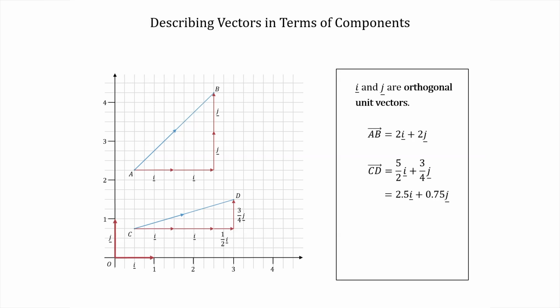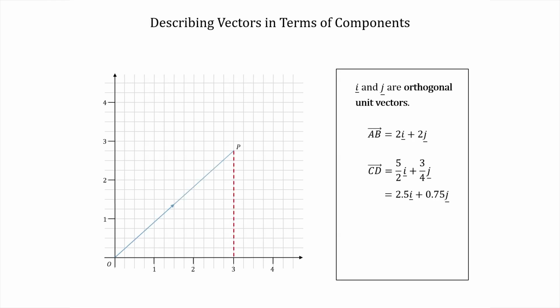In fact, we only need to determine the horizontal and vertical length of the vector to figure out how to express it in terms of i and j, without actually bothering to draw out multiple copies of i and j every time. If our vector is in the standard position, that is, it starts at the origin, we can easily use the axes to find these lengths. So let's take this vector, OP.